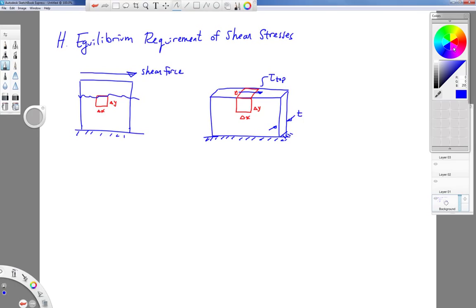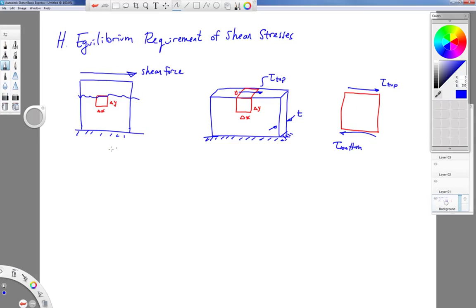On a side view of this picture, if I were to draw that red square out to the side, here's my shearing stress on the top. And if I were to cut it on the bottom, I would get the exact same shearing stress going the opposite way on the bottom.